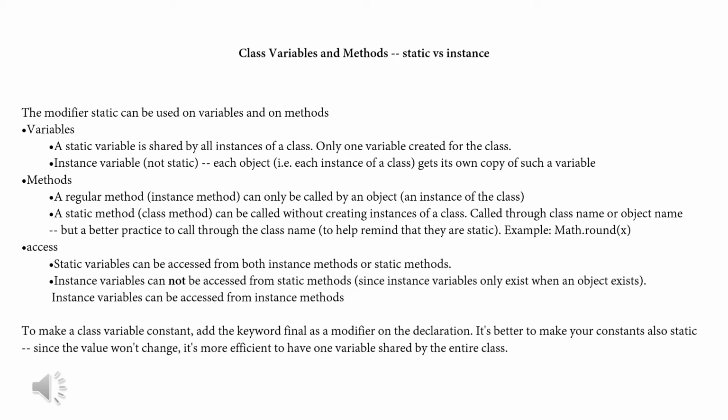So if we make a variable static in a class, it means if we create several objects from that class, all of those objects will access that variable. So they can change that variable, they can see the change, right? So we have one fixed variable inside the class and all of the objects can change that variable.